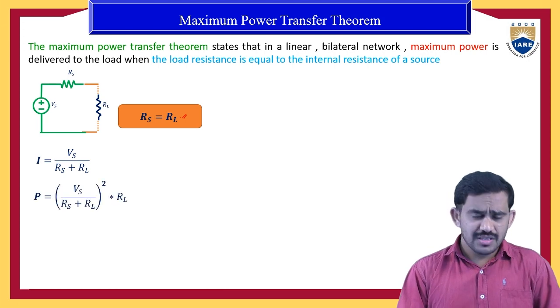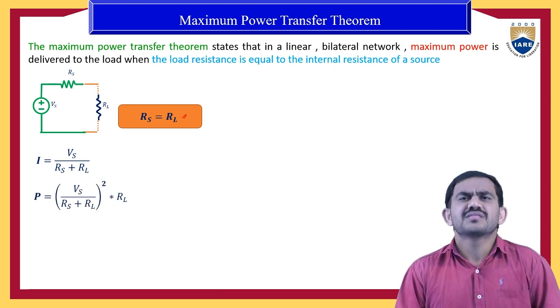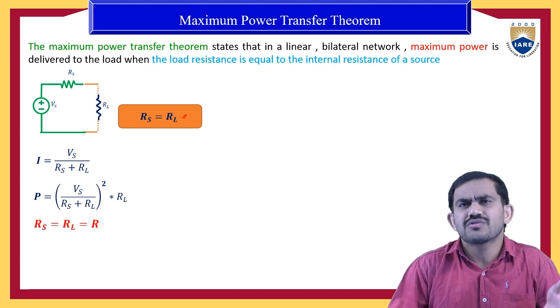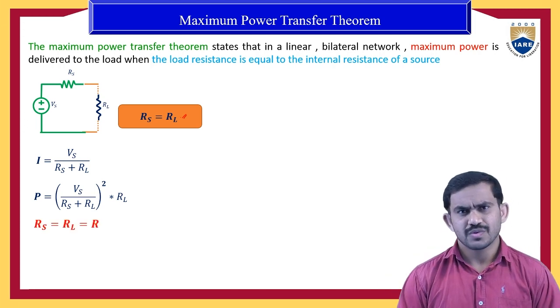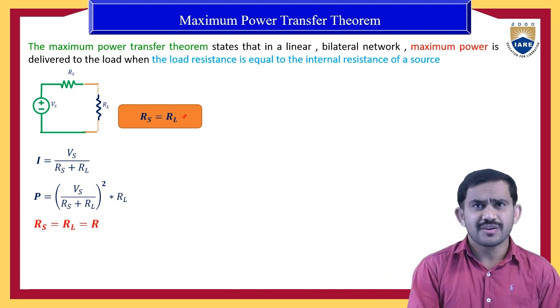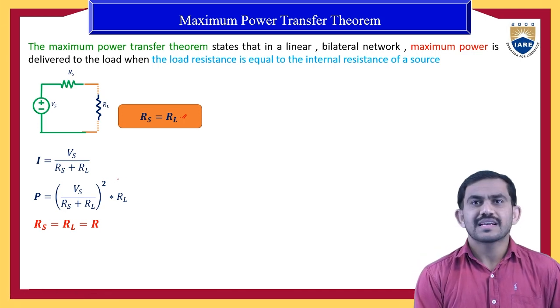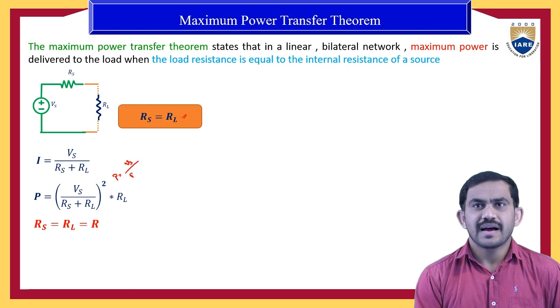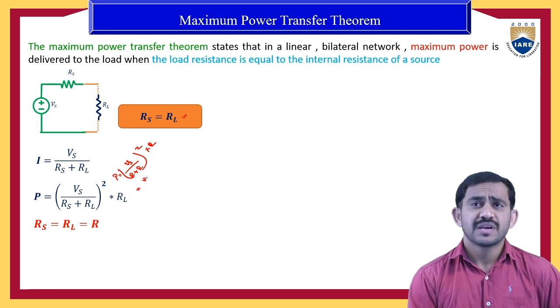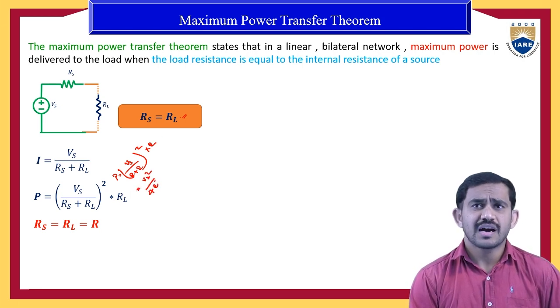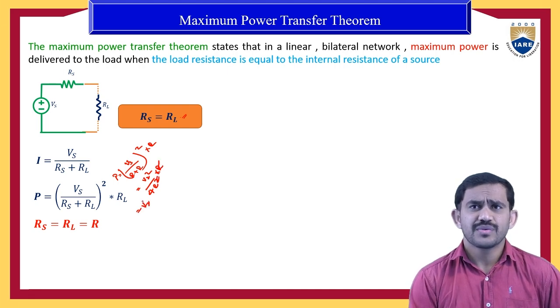Now substitute Rs equal to RL equal to some resistor R in P. We get P equal to Vs by R plus R whole square into R. Solving this, V square by 4R square into R. R and one R square cancel, so we get V square by 4R.